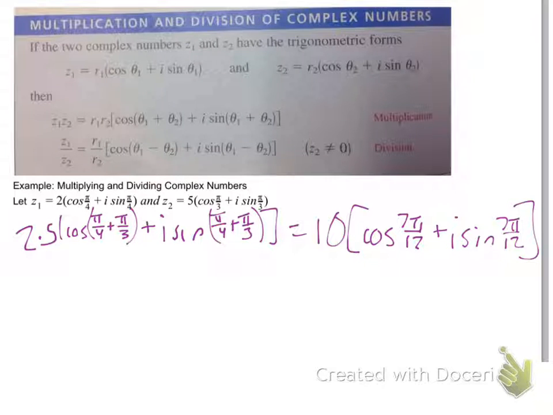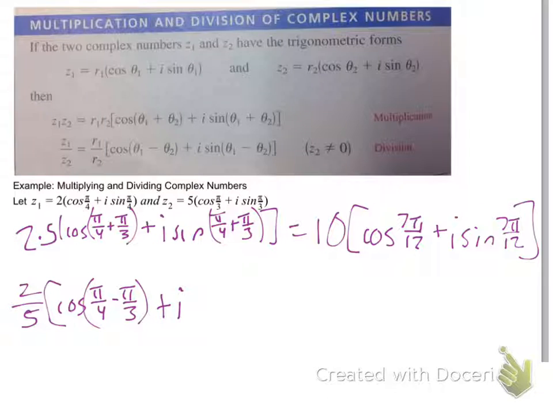Now, if I was doing the division, I think everybody should agree that it's 2 over 5 times the cosine of pi over 4 minus pi over 3. So they go pretty quick once you get going here. And now you just got to make sure to simplify those. And again, I think everybody would say, hey, I'm going to get the common denominator of 12. The first one would be a 3, the second one would be a 4, so it's 3 pi minus 4 pi.